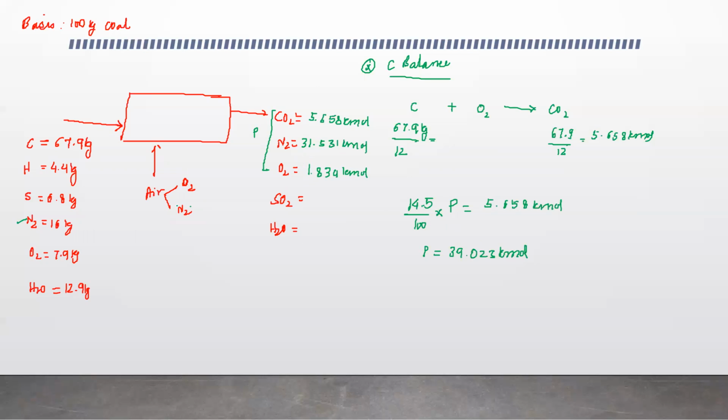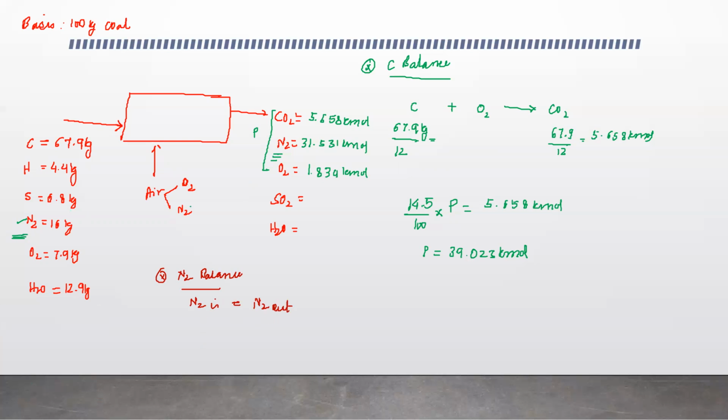Okay. Now, once we have nitrogen here and nitrogen here, we have nitrogen in this part and we have nitrogen in this part. And we know that nitrogen is nowhere involved in any of the chemical reactions, right? So since nitrogen is nowhere involved in any of the chemical reactions, we can simply form a nitrogen balance equation, which is nitrogen in is equal to nitrogen out, right?